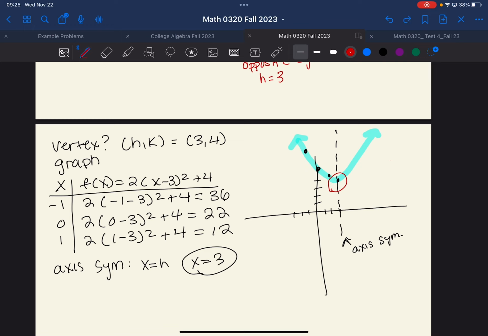So since this is on the bottom, this is a minimum. And remember, our minimum is always going to be k equals what? What is our number that we got for k? 4. So our minimum is at k equals 4.